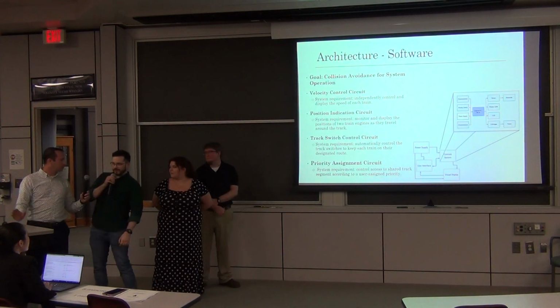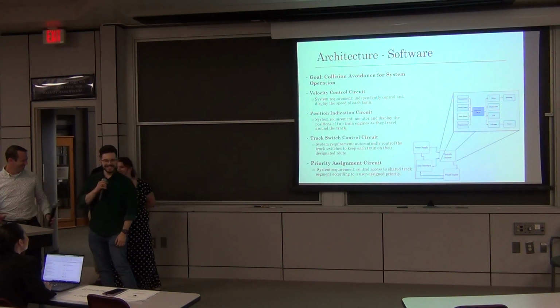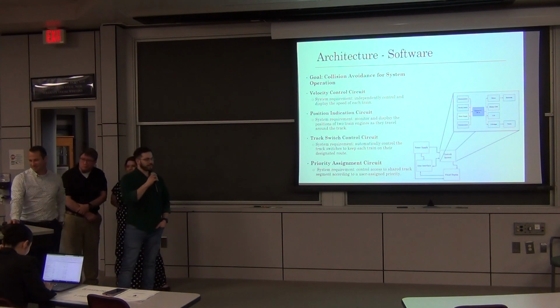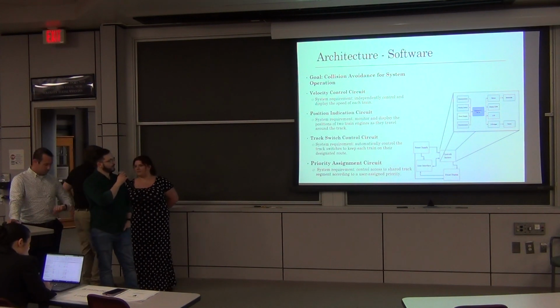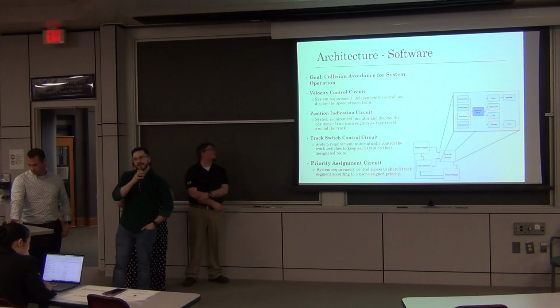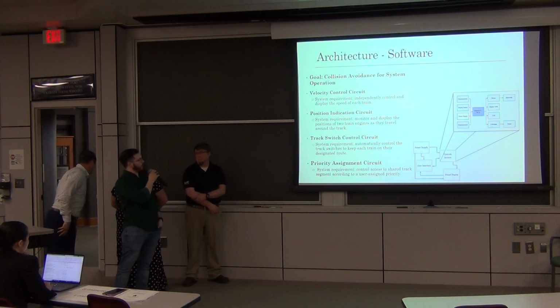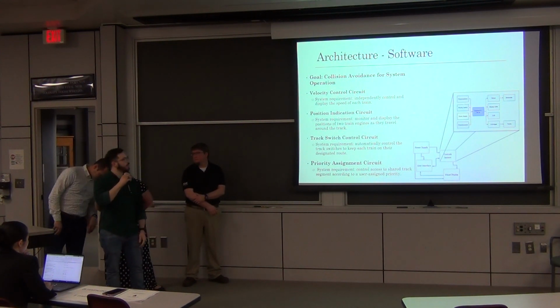All right, so next up, we're going to look at the software. With the software, our overarching goal was to create a system that would avoid collision between both of the trains. So everything that we created having to do with the controls was centered around that idea. When it comes to the controls, basically we have a velocity control where the user can control both trains independently.